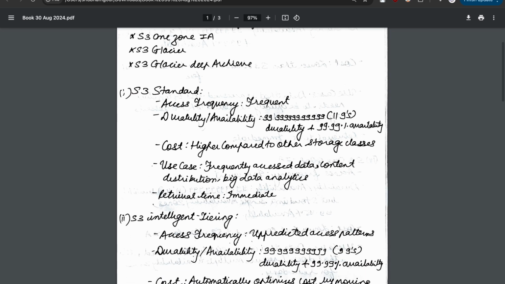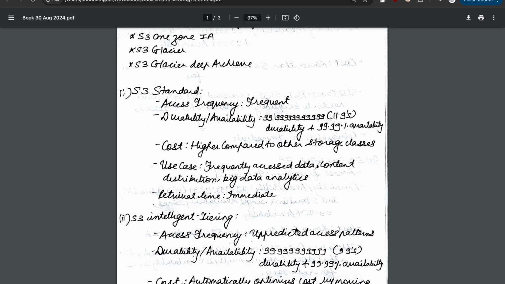I have created the notes in such a way that we have all the information present in one place, like what are the access frequency, durability, cost, use case, and retrieval time. So when we come to S3 Standard, the access frequency is frequent. Here the durability is 99.999999999%, eleven 9s, and the availability is 99.99%.